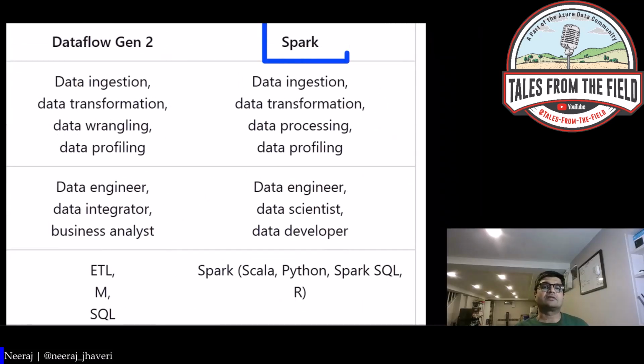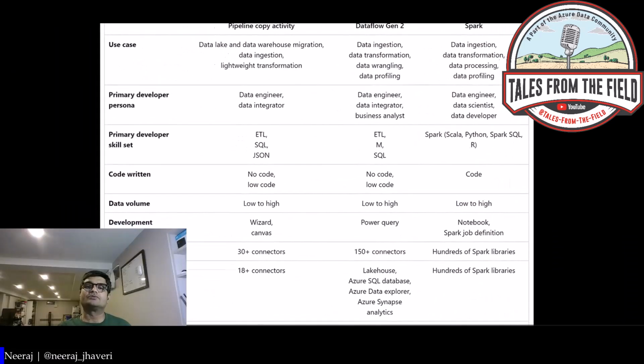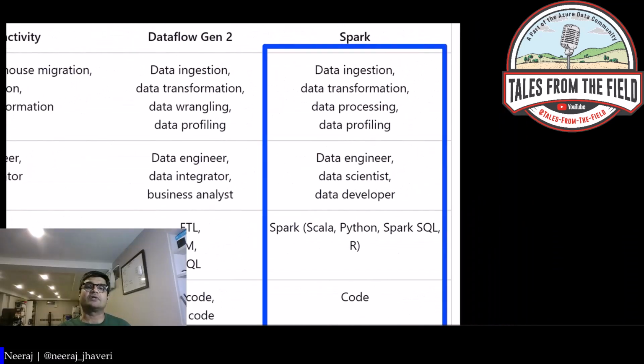Now let's discuss Spark. Spark is usually used for data ingestion, data transformation, data profiling, and data processing. Data engineers, data scientists, and data developers are the key users of Spark. Definitely you need to understand how to write code in Spark, either through Scala, Python, Spark SQL, R, or anything else. You can also do low to high transformation, but the key is this is not a no code or low code type thing.